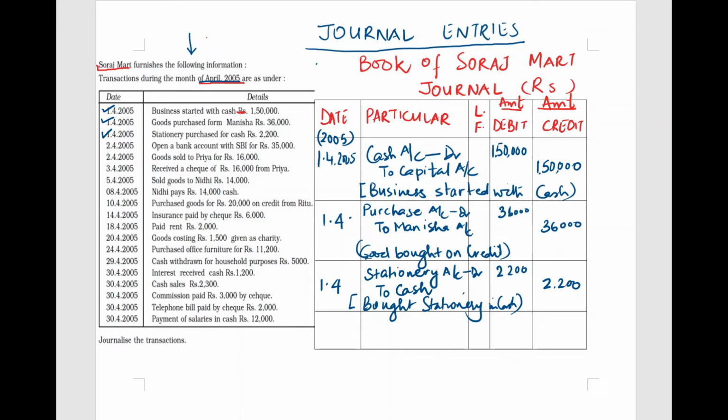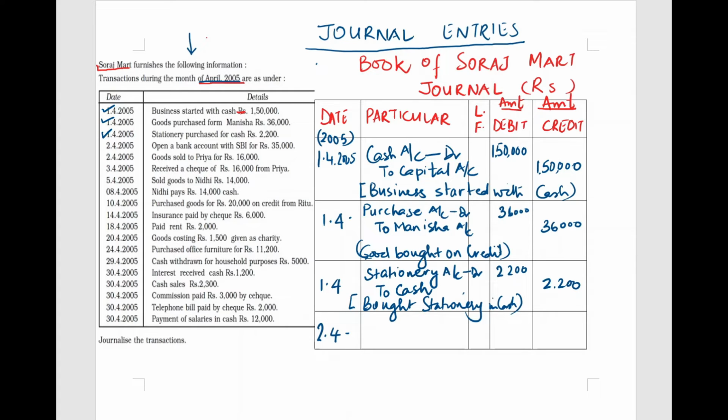Open a bank account with SBI for rupees 35,000. So I'm going to open a bank account on 2nd April 2005. What is happening here? Money is coming in the bank from cash.